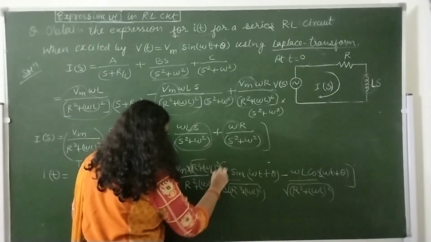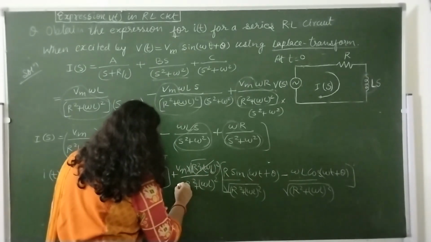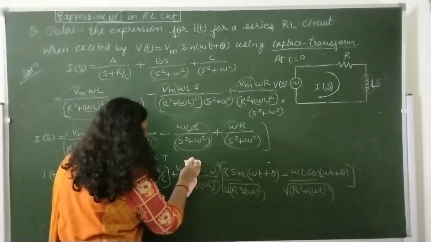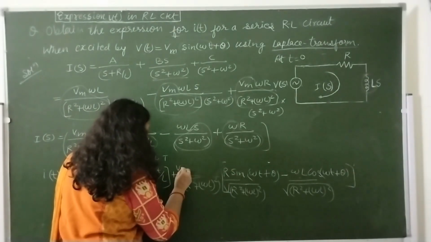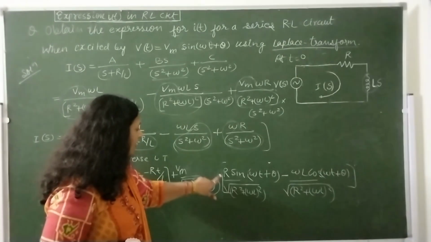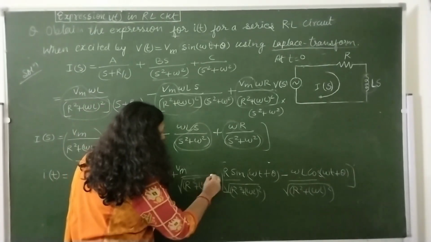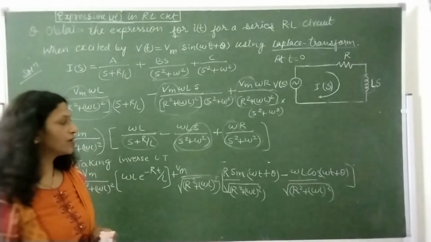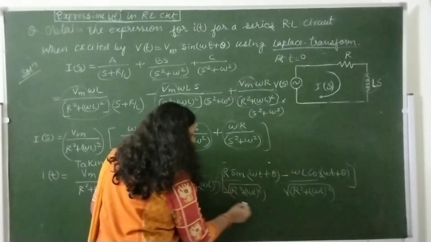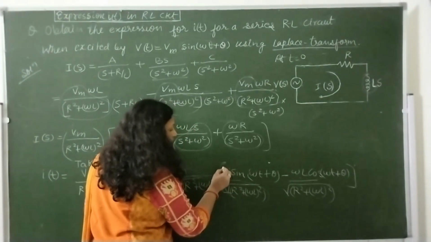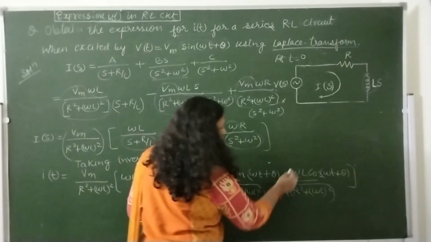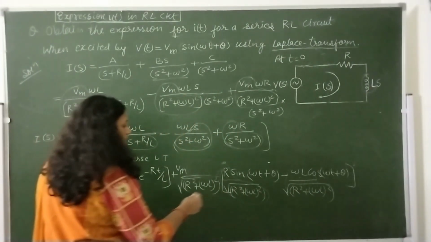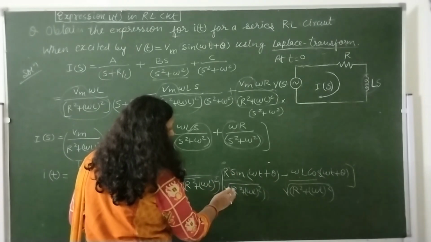This will be cancelled, and here we will get this. By dividing and multiplying with the square root of R square plus omega L whole square, we will get an angle of sine and cosine here. So this is the way to convert them into angle.